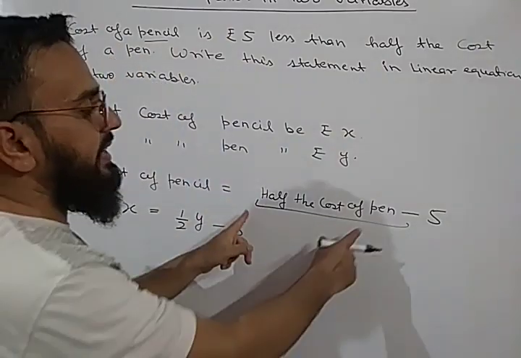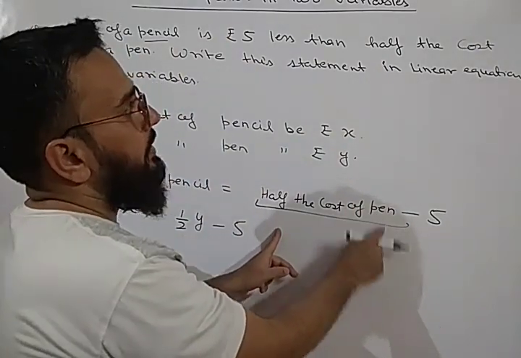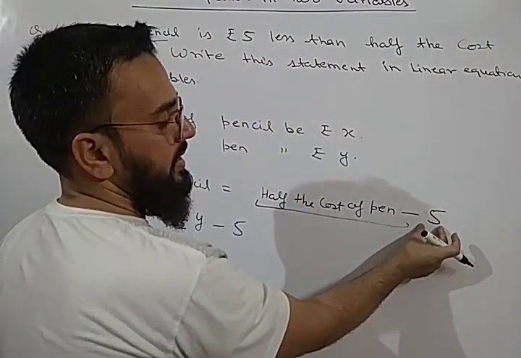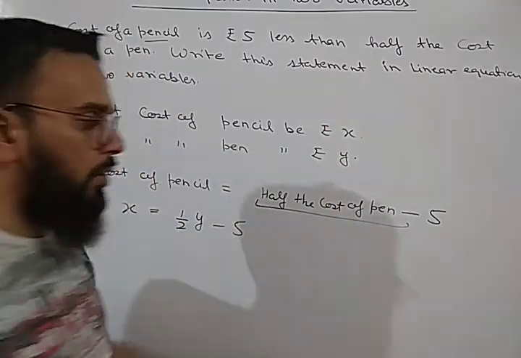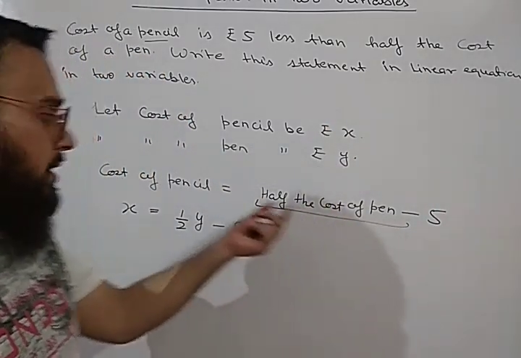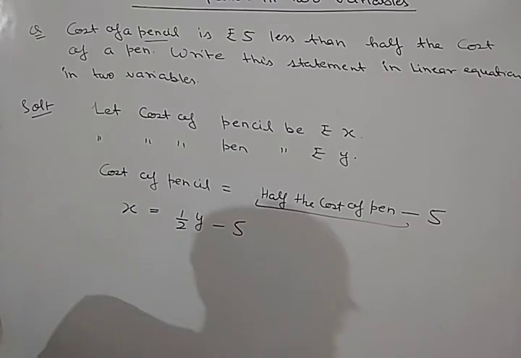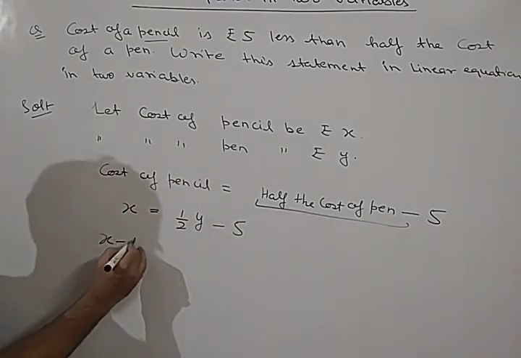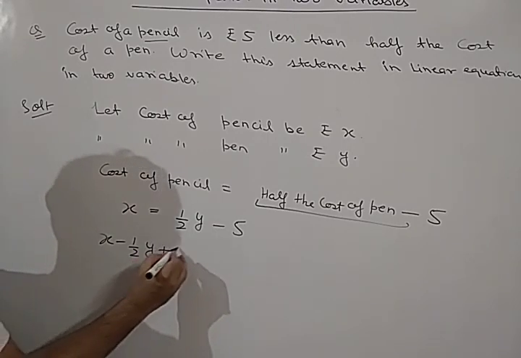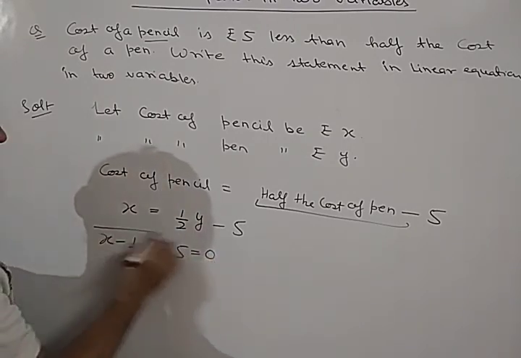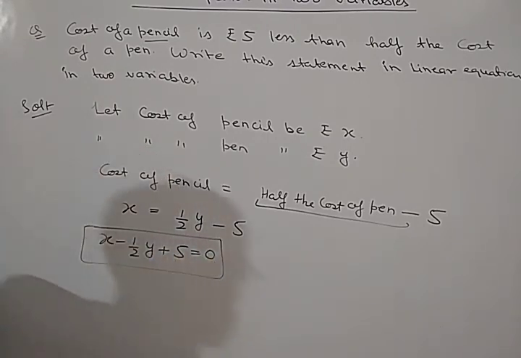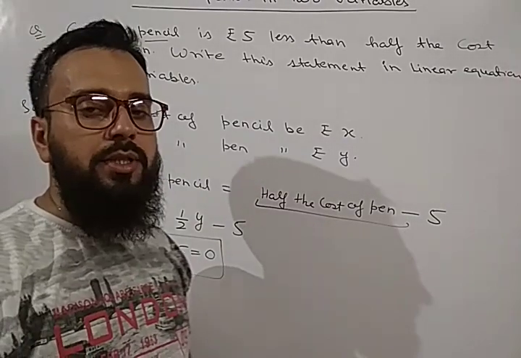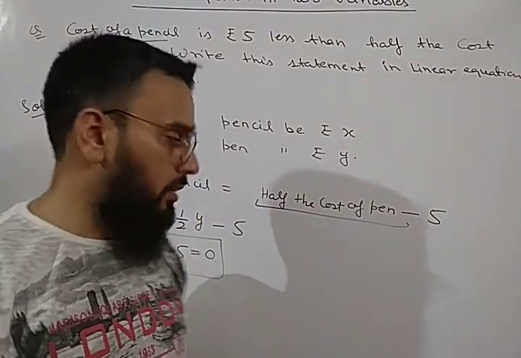So first we will take the half the cost of pen, then we will make 5 rupees less. That means we will subtract 5 from this half the cost of pen, which will be equal to cost of pencil. Now this is our general form. We can write it as x minus 1 by 2y plus 5 equals to 0, and this is our linear equation in two variables. Clear? So note it down.